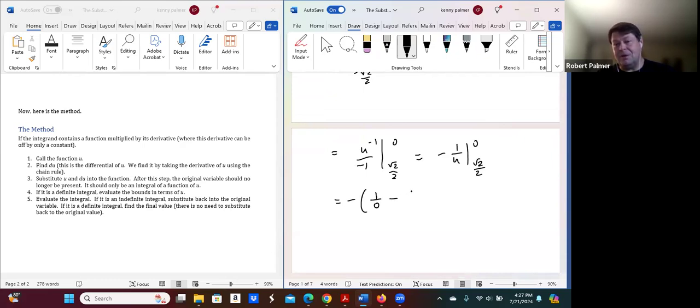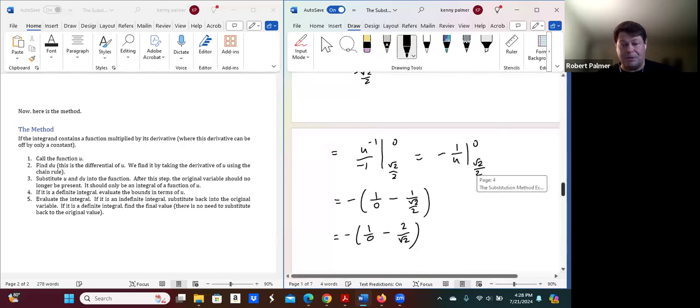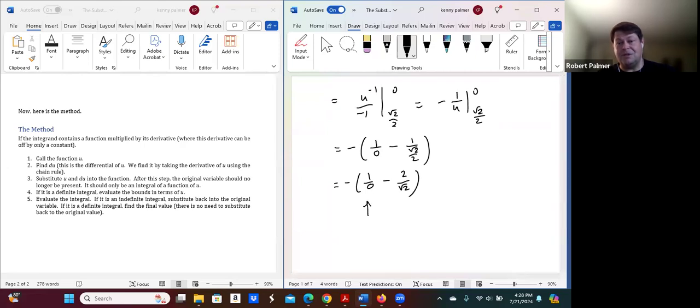Then minus 1 over the square root of 2 over 2. And I'll clean this up a bit. Of course, I still have 1 over 0, and this will be minus 2 over the square root of 2. But of course, what's the problem? Well, the problem is that 1 over 0 is undefined.